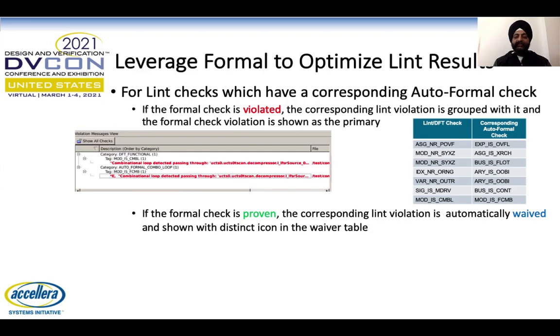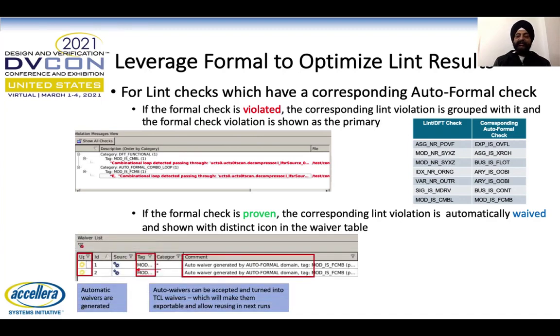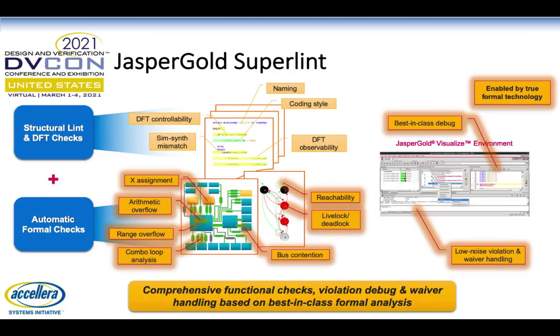In that case, the auto-formal will be passing, and it will optimize the result on the lint side such that the corresponding lint will be auto waived. So you will see the waiver list getting augmented with the lint violations which got auto waived because the corresponding auto-formal violation passed. Now let's quickly see a short demo of what we have discussed so far.